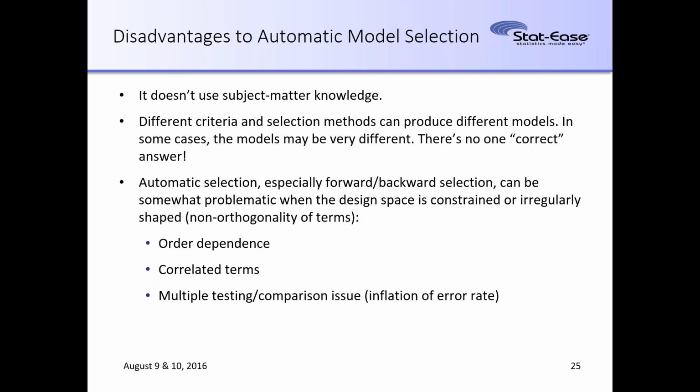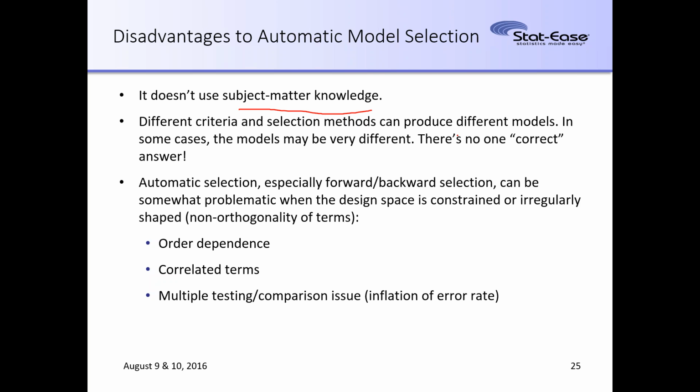Some disadvantages to model selection. Well, namely, it doesn't use subject matter knowledge. So like I said, computers are fast, but they're dumb. They can only assess or do what you tell them to do. So even if objectively a model looks good, the computer can't say, well, that doesn't seem right. That's on you.